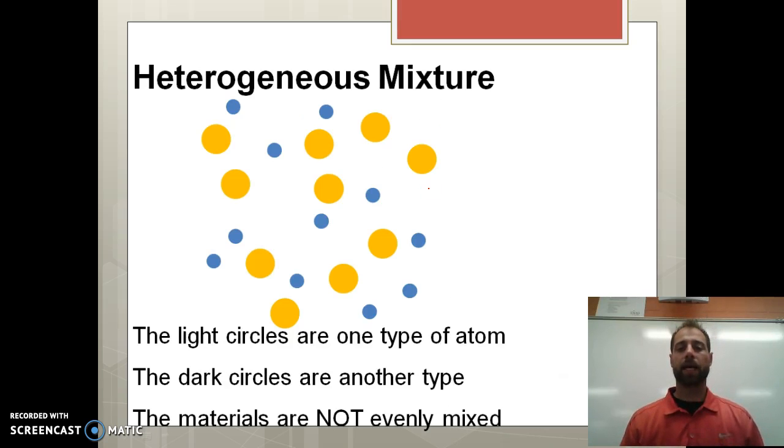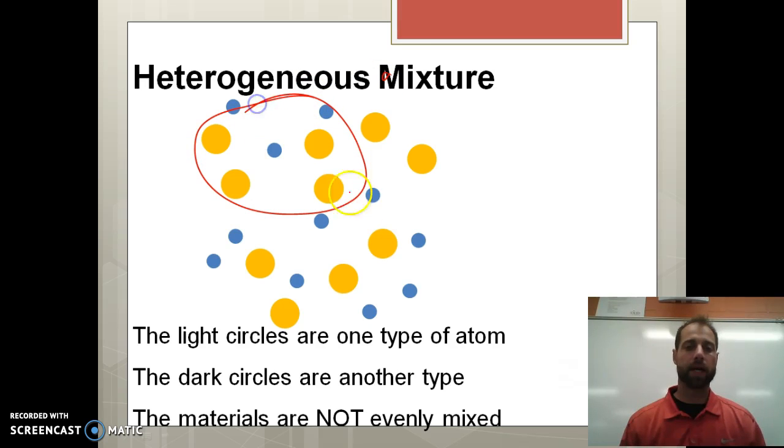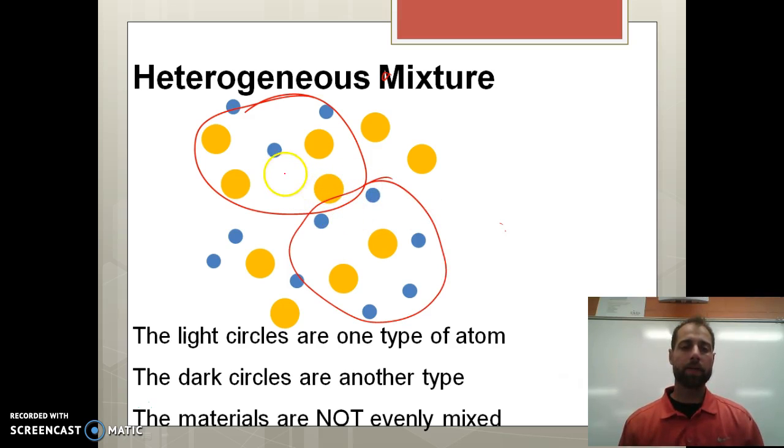If we take a look at a heterogeneous mixture, now it depends on what part of the mixture we grab. So if I grab this mixture right here, and then I grab this right here, what I'm grabbing is essentially the same amount of matter, but I've got very different compositions.